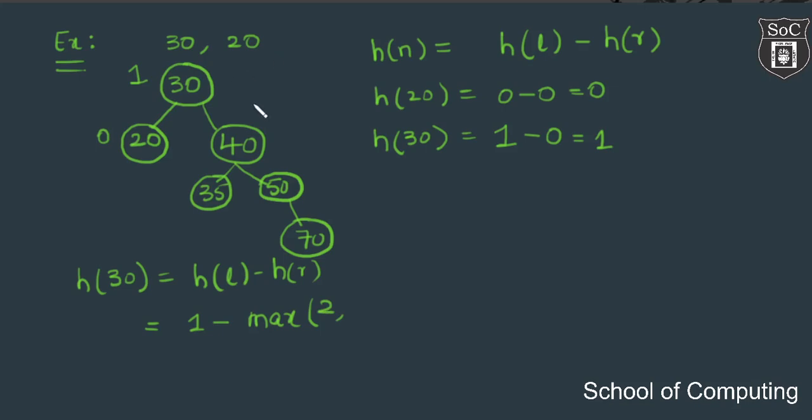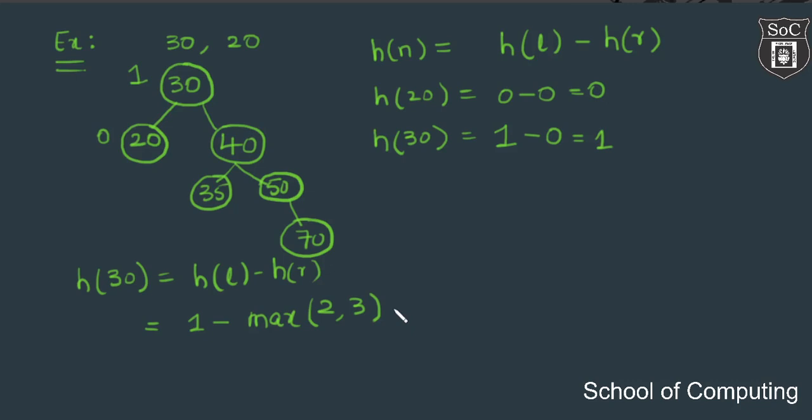Then what is the other leaf node? 70. So from 30 to 70, how many edges are there? 1, 2, 3: 30 to 40, 40 to 50, 50 to 70. So 3 edges are there. Since I have two leaf nodes, I need to find the height from 30 to 35 and from 30 to 70.